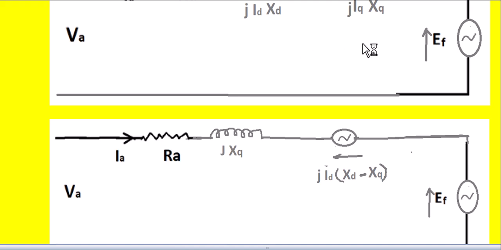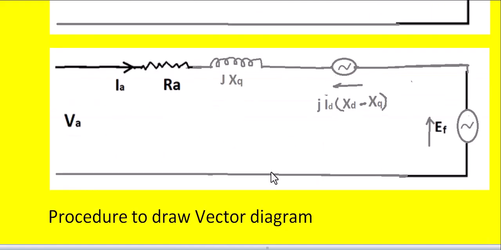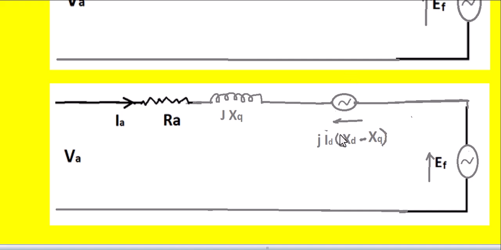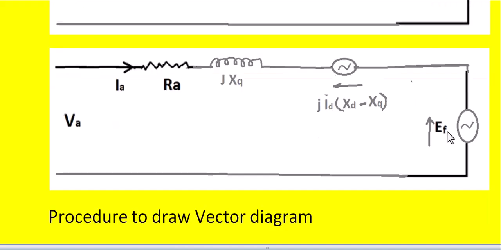So this is further simplified like this. The applied voltage per phase is Va, the armature current is Ia, the armature resistance is Ra, and the quadrature axis reactance is jXq. Then there is another voltage drop, that is nothing but j into Id into (Xd minus Xq), and this is the excited voltage in the stator.